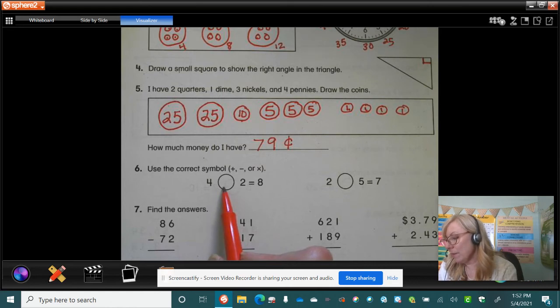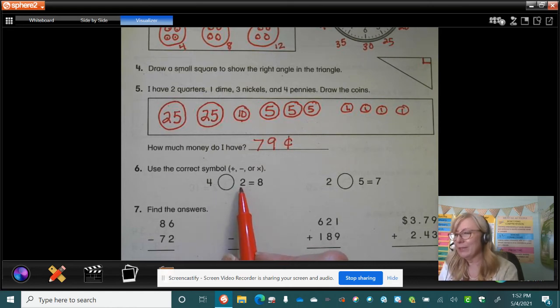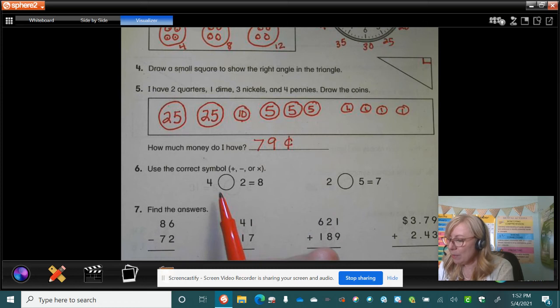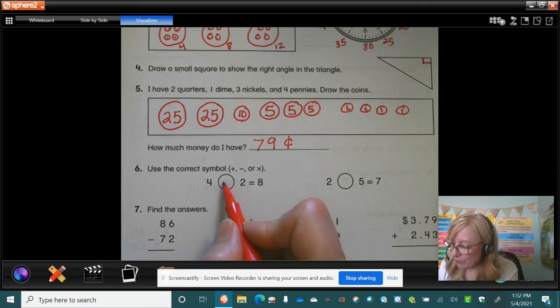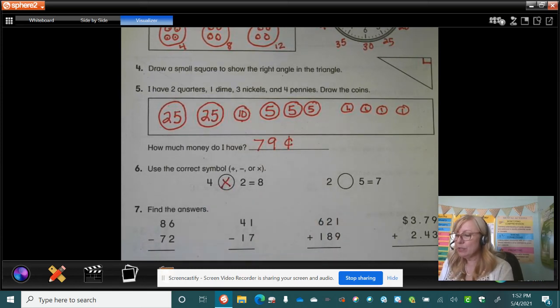Is 4 minus 2 8? I don't think so. How about 4 times 2? 4 times 2 is 8. Let me check. If I have 4 groups of 2, I can count by 2s. 2, 4, 6, 8. That's correct.